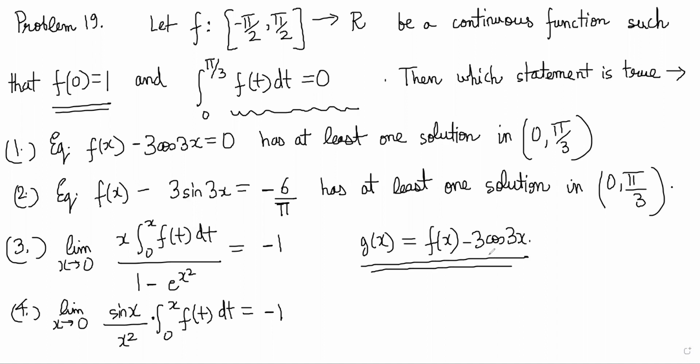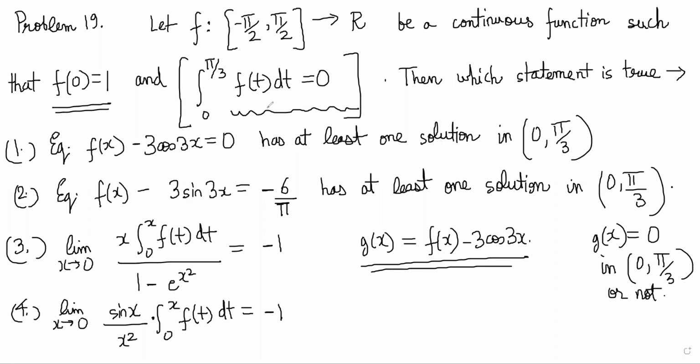So this function is there, and I have to find whether g of x is equal to 0 in 0 to pi by 3 or not, right? Now I'll utilize this condition. I know that the integral from 0 to pi by 3 of f of t dt is 0, right? So why don't we find out the integral from 0 to pi by 3 of g of x? I will do that on the next screen.